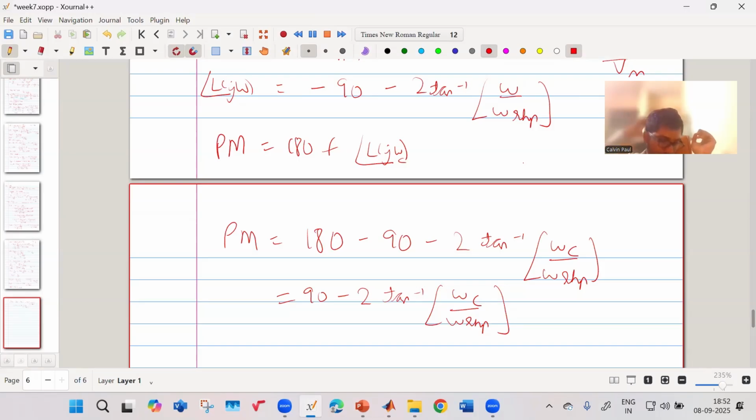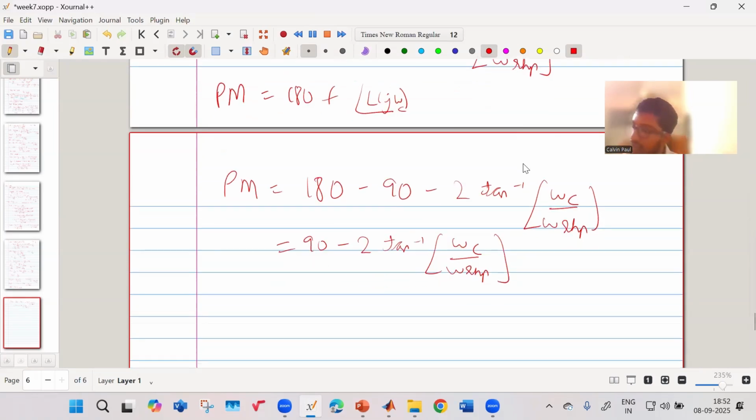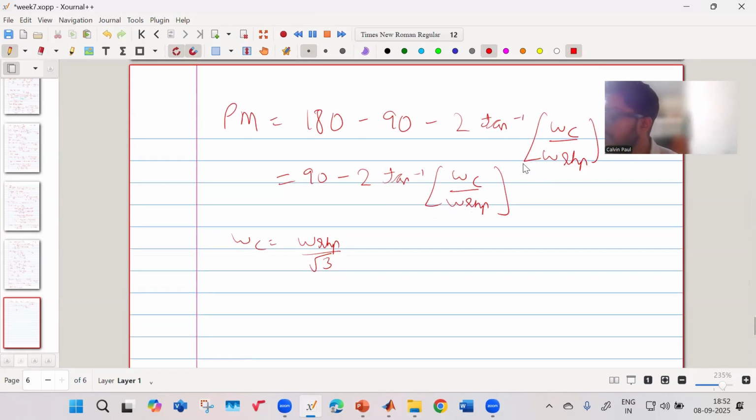So what I would consider is, let us say our omega C is equal to omega RHP by root 3. We take it to be a fraction of that, right? So what do we get our phase margin in that case to be?